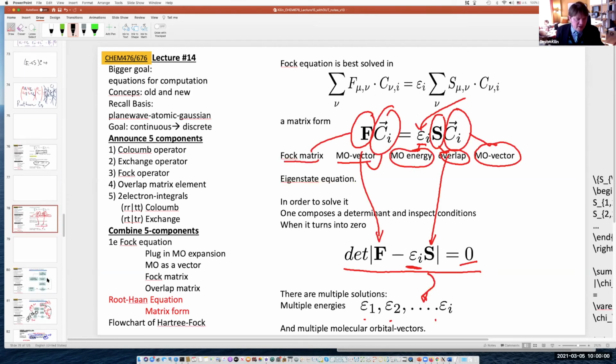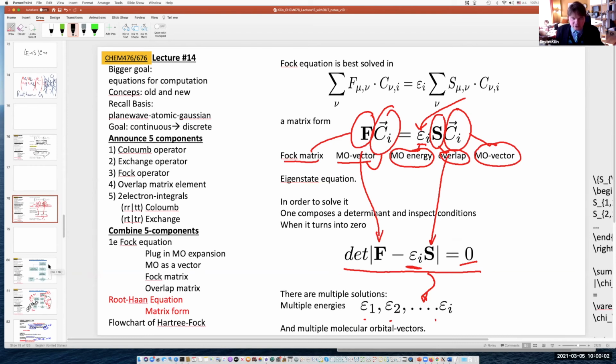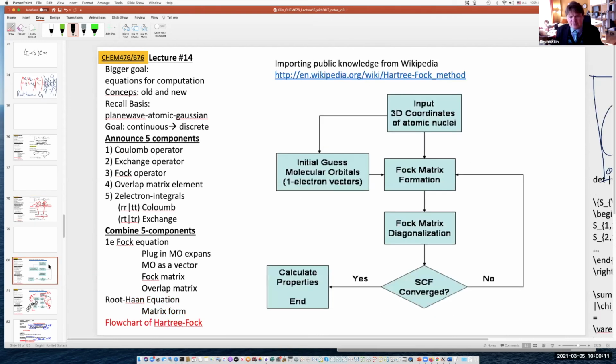Okay, and we are approaching the end. So the thing is that if we solve it once, we can find the energy. After we find the molecular orbitals, we can combine them back into a Slater determinant and use the Slater determinant to find the total energy.